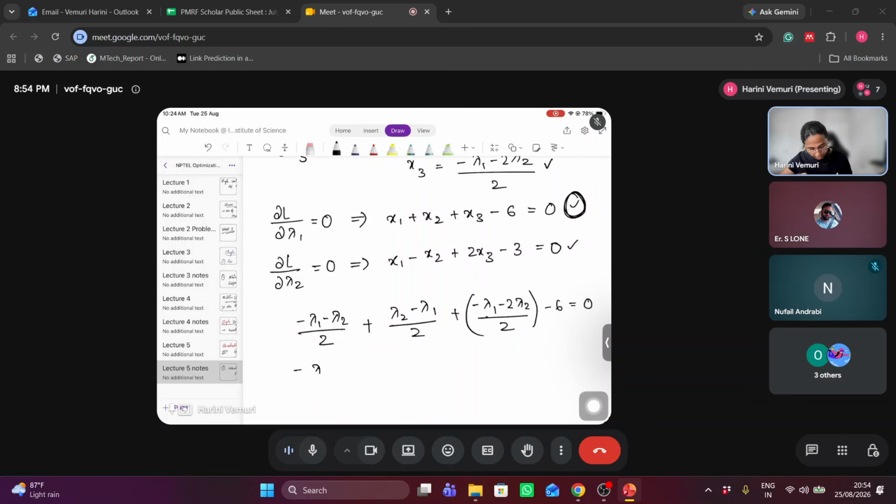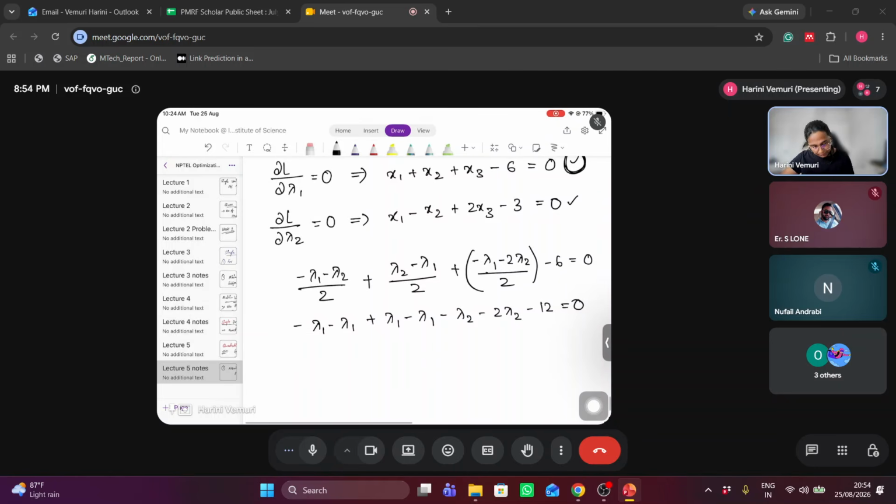So directly what we can do: minus lambda 1 minus lambda 2 plus lambda 2 minus lambda 1 minus lambda 1 minus 2 lambda 2 minus 12 equal to 0. Sorry, I think when I'm saying it, I'm making a mistake.